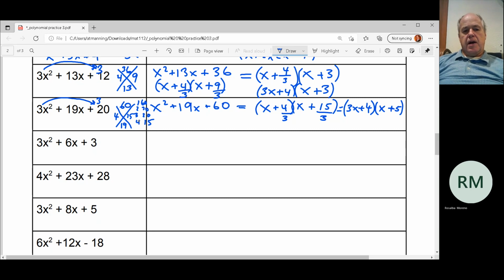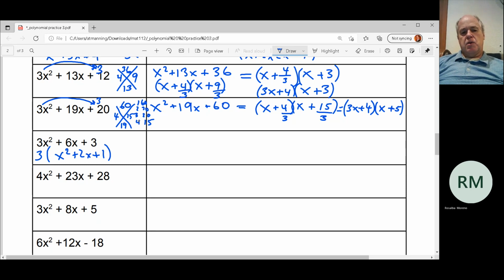Now here's one that we don't have to do the slide. We can see, wait a minute, we have a factor of 3 everywhere. So let's factor out that 3 first and make our life easier. We don't even have to do slide and divide. I have x squared plus 2x plus 1. Remember, two numbers multiplied give us 1, added give us 2.